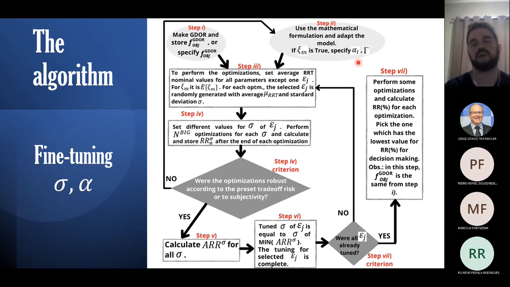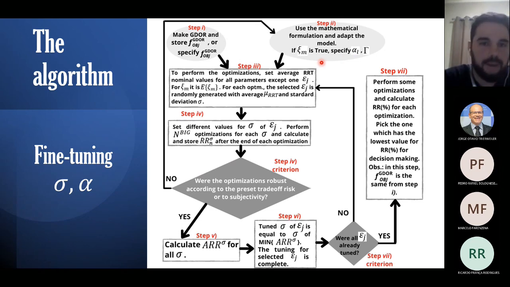So here we are fine-tuning the sigma, the standard deviation for normal uncertainties, and we are fine-tuning the penalty factor, okay, at the same time, okay?